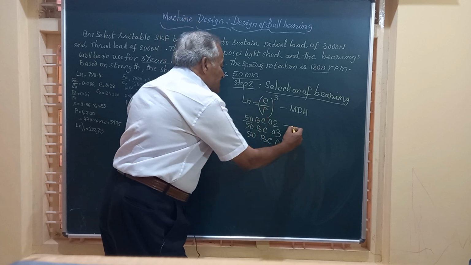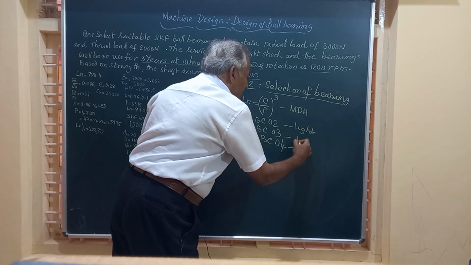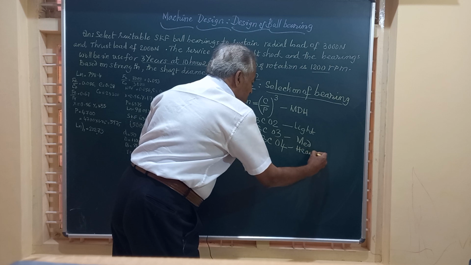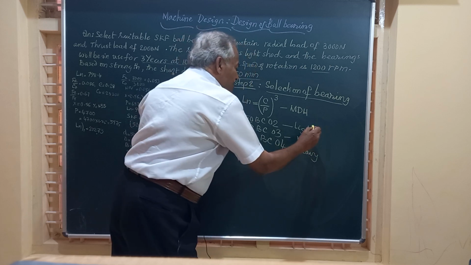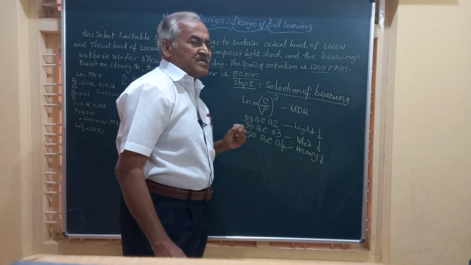We start with light series, then medium series, and then heavy series. So we go in order from light series to medium to heavy series.